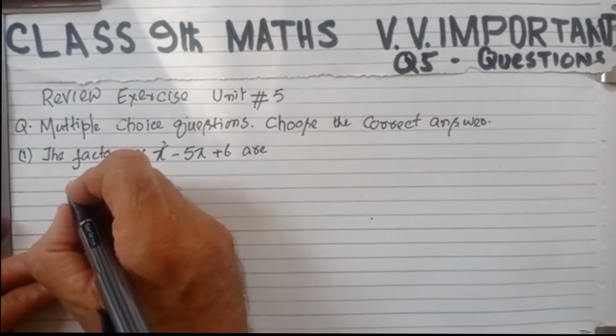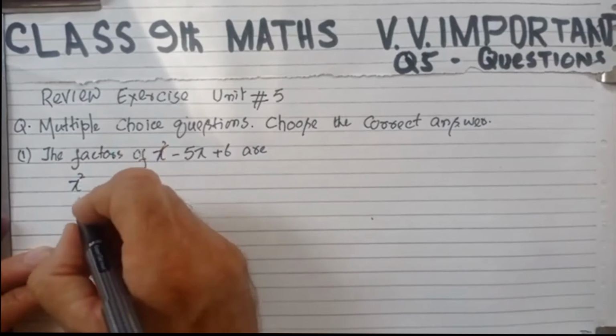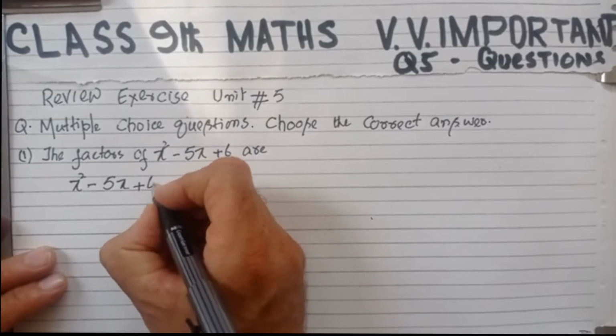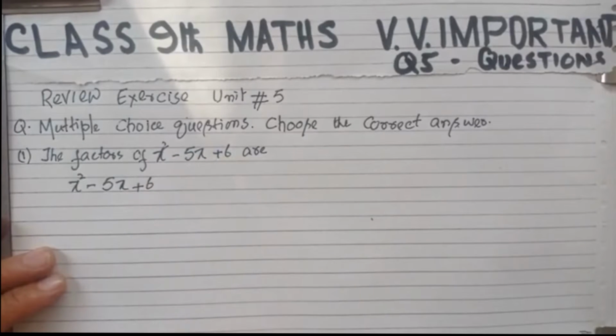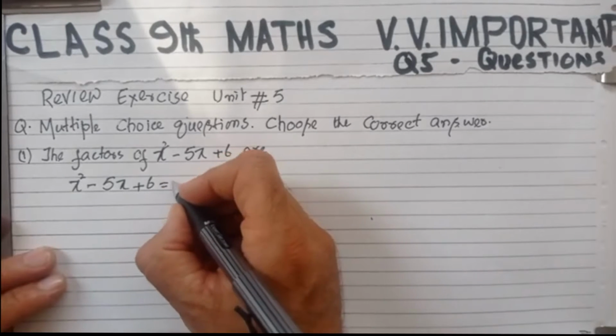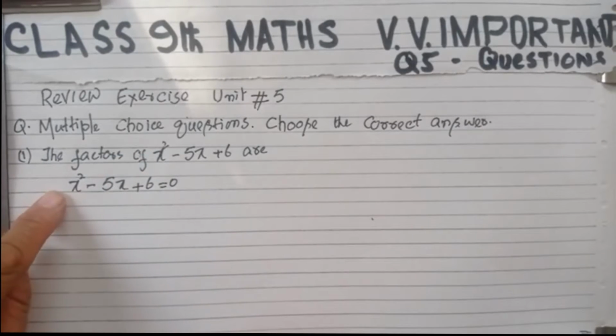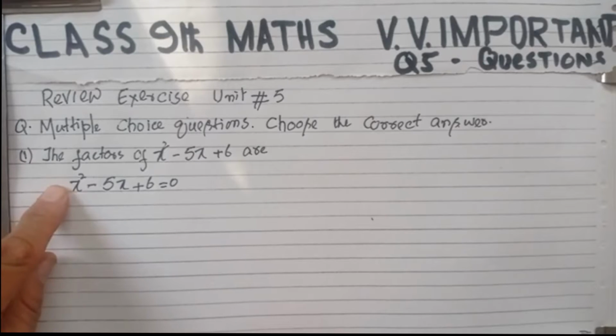That is x square minus 5x plus 6 is equal to 0. So the practice is this: the coefficient of x square is the number that is written before the variable.